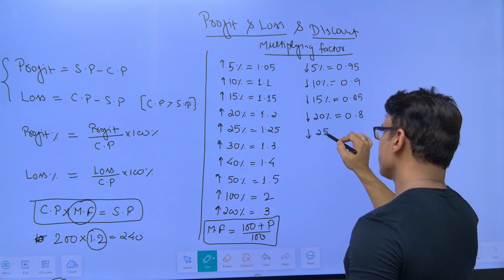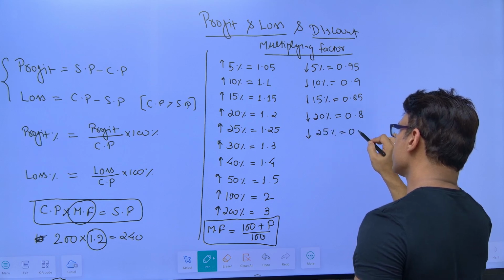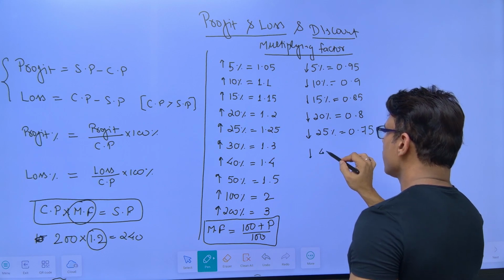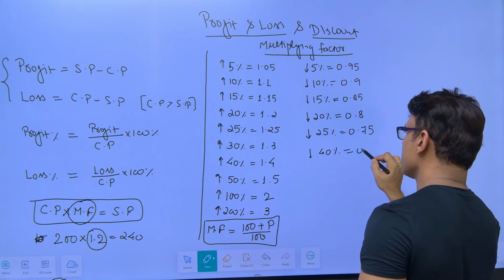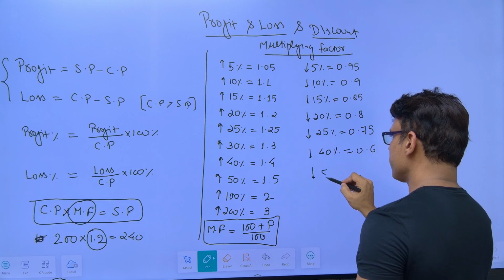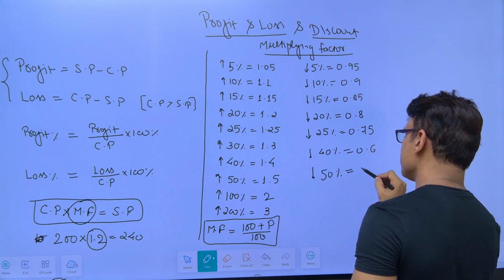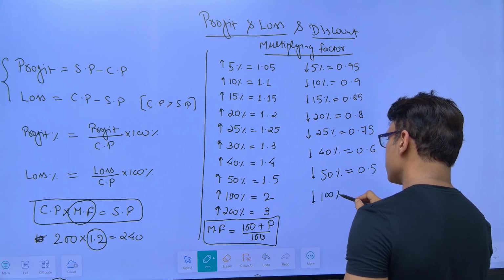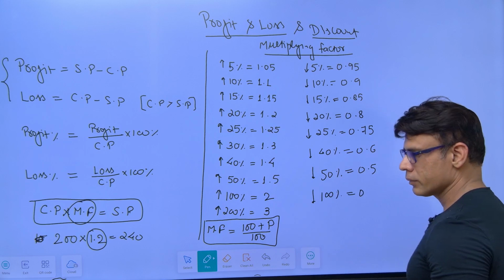Decreases by 25%, multiplying factor is 0.75. 40%, 0.6. Decreases by 50%, 0.5. Decreases by 100%, 0.